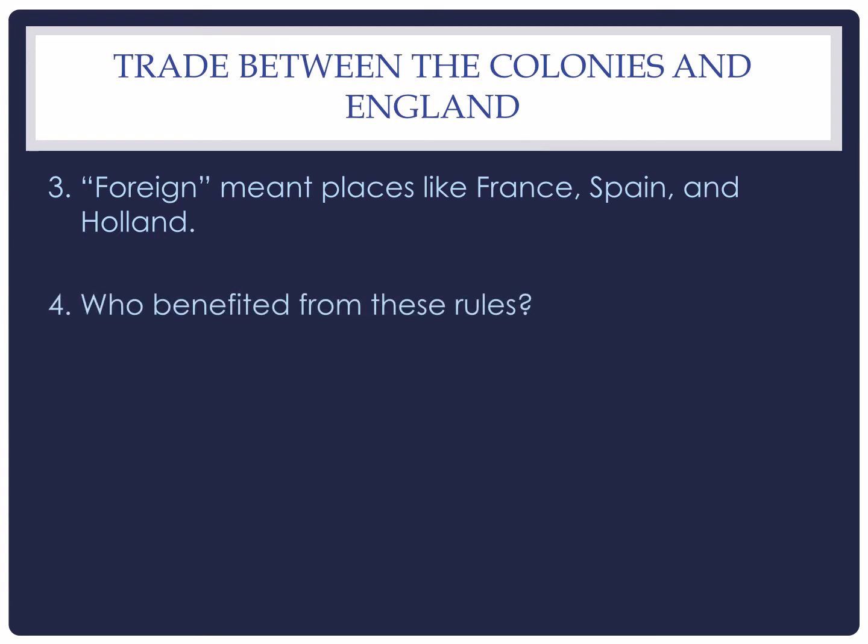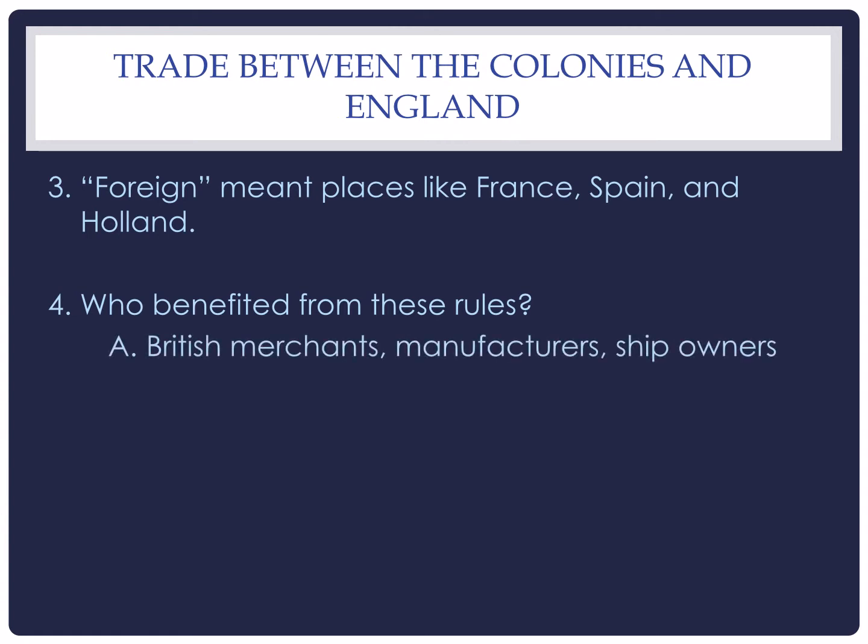So what's the deal with these rules? Who benefits from the rules? One group was British merchants and manufacturers and ship owners, right? Because if you're making things and selling things in England, these rules help you out because the colonists have to buy some things from England.